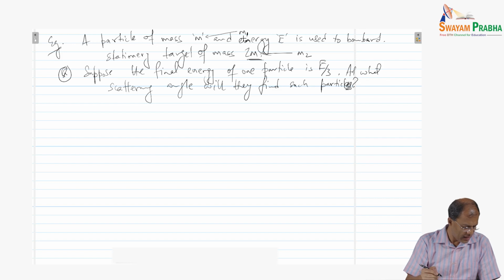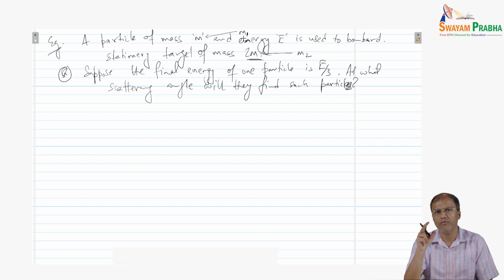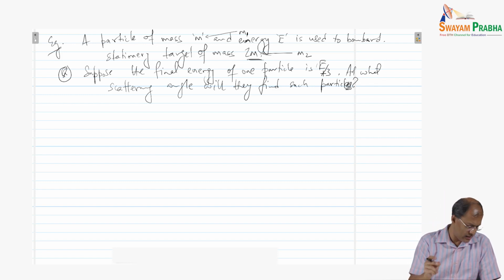So final energy is given to be E by 3. We expect that the particle of lower mass will have lower energy, right? We are talking about elastic collision. So one particle has final energy E by 3, the other particle has final energy 2E by 3. So it is the mass m1 which has energy E by 3, which is the lower mass, right? So that is the logic here.